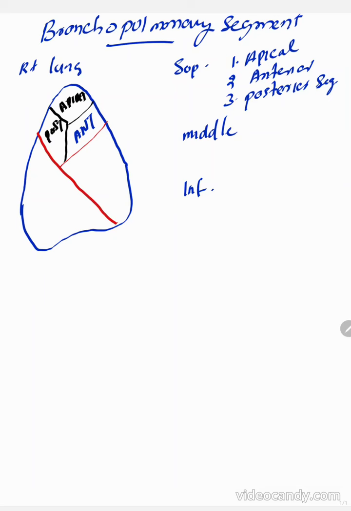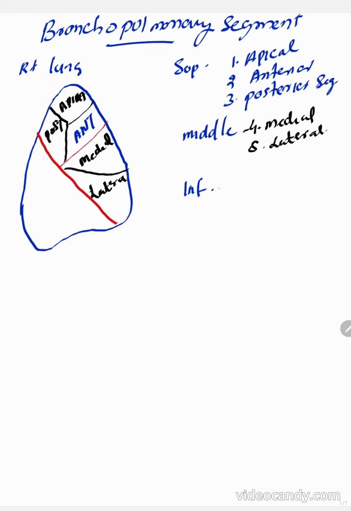Then come to the middle lobe. Middle has 2 segments. Let us draw them like this. This is the medial, this is the lateral. So the fourth one is medial and the fifth one is lateral.